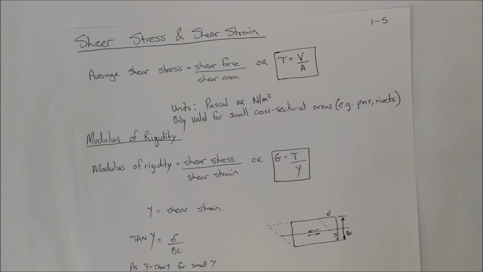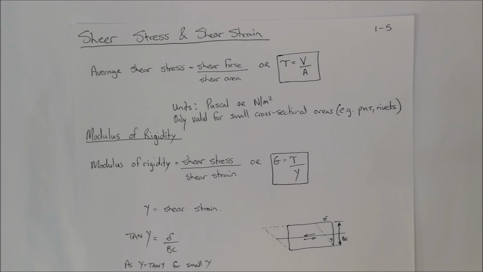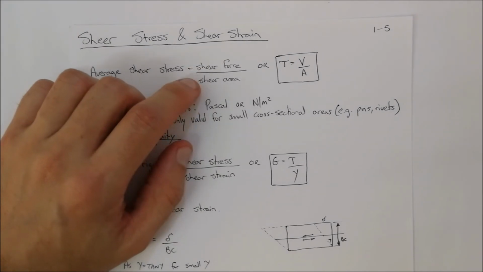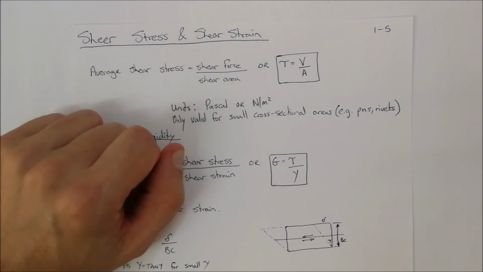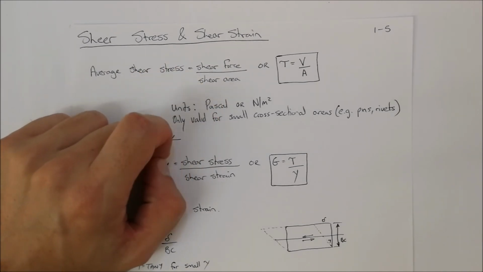Okay, so it's a different type. It's the opposite, or 90-degree, forces acting on a piece of material as you would have with a tensile stress. Okay, so the formula for average shear stress is equal to the shear force over the shear area. Remember again, we've got that magic formula of stress equal to force over area. In this sense, the only difference is we're looking at shear force and shear area. Sometimes your cross-sectional area could be the same as your shear area.